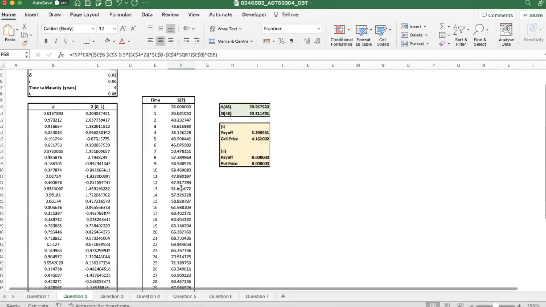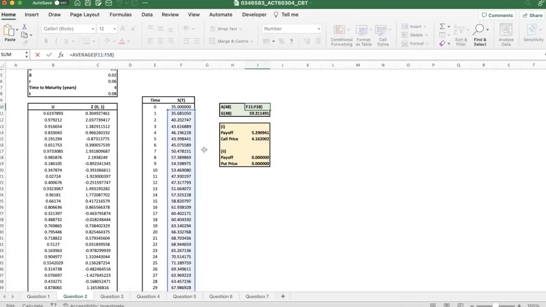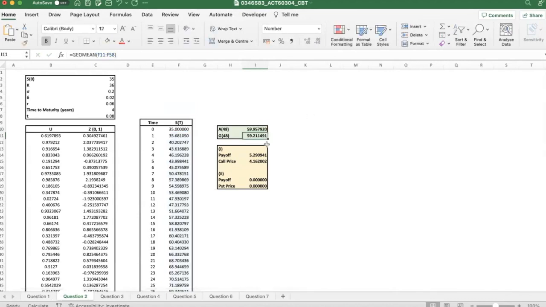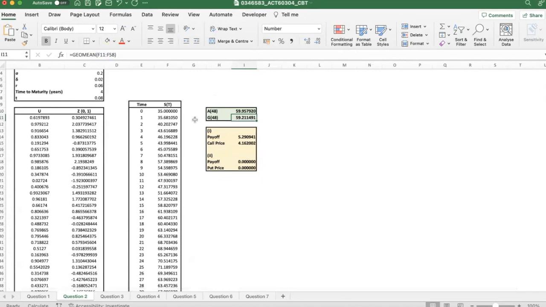Okay, so addressing the first question and also the second question, we will find the average mean. So the average mean here is by taking the average of time 1 all the way up to time 48 of the stock price, and we get 59.96, while for the geometric mean, we use the function geomean, which multiplies all the STs together and takes the root.